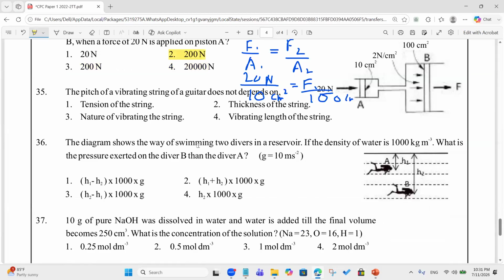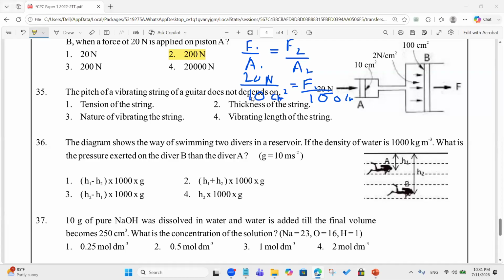35. The pitch of a vibrating string of a guitar does not depend on what? Tension of the string, thickness of the string, nature of the vibrating string, vibrating length of the string. Does not depend on what, Lamai? No idea.